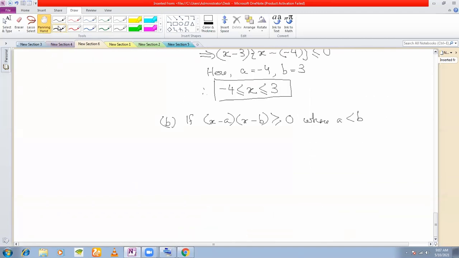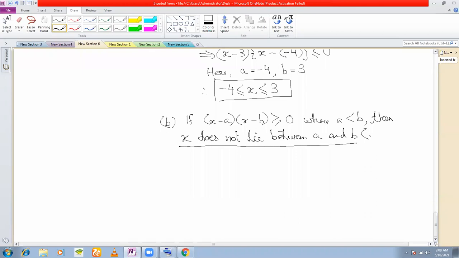Then what can you say about x? x does not lie between a and b, inclusive of a and b.